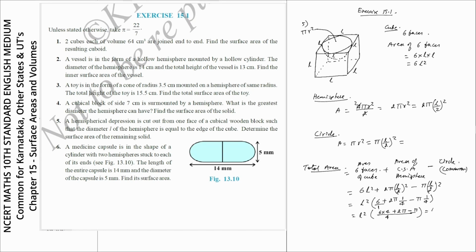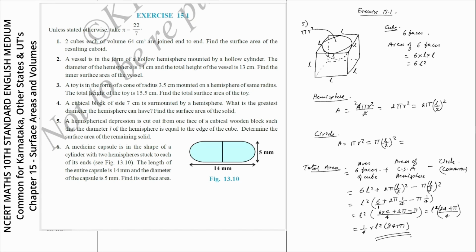Now this is equal to L square, 6 4s are 24, 2 pi minus pi is pi only. So L square into 24 plus pi by 4, or I can simplify and write it as 1 by 4 into L square into 24 plus pi. So this is the total surface area of the given solid.